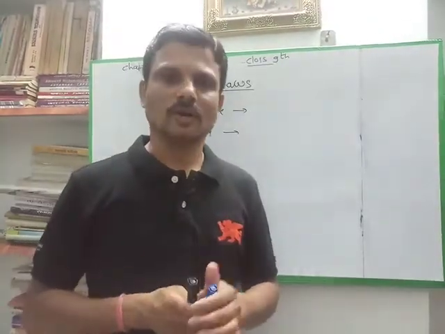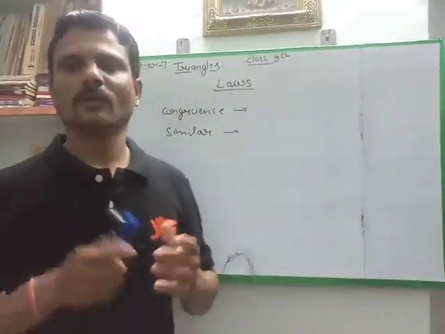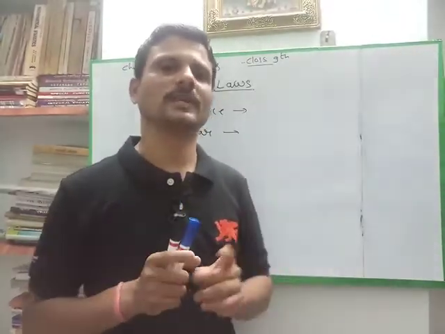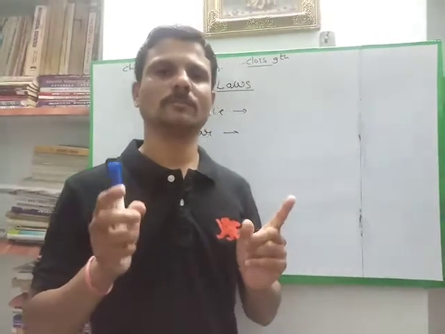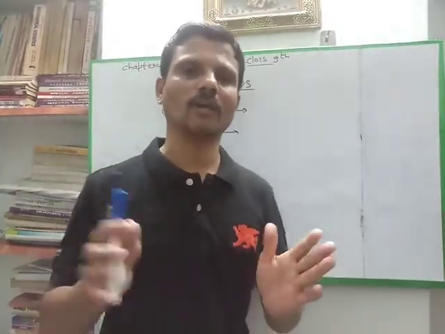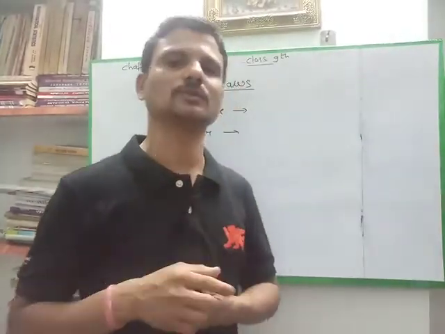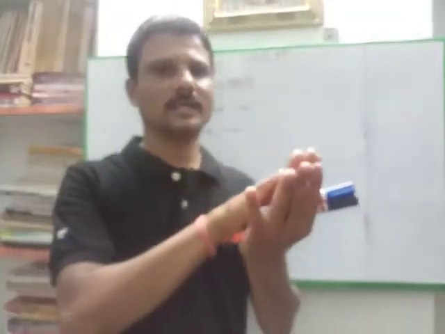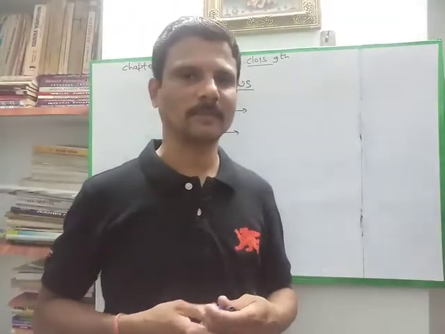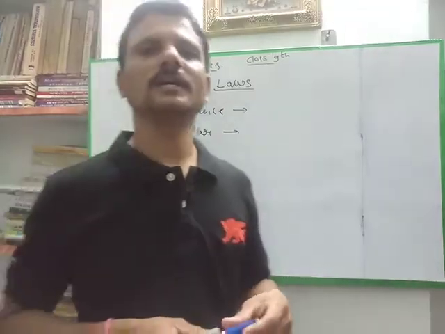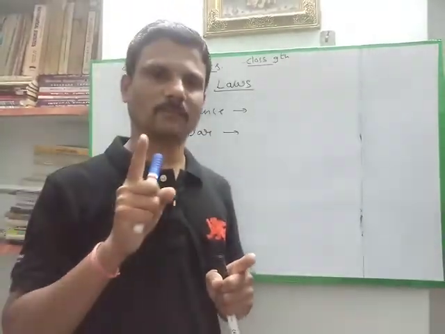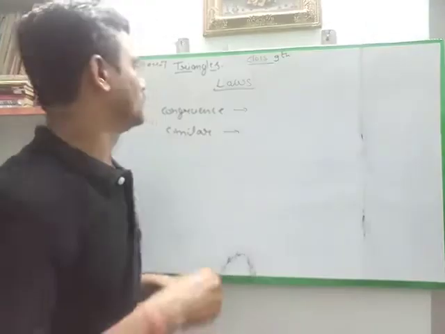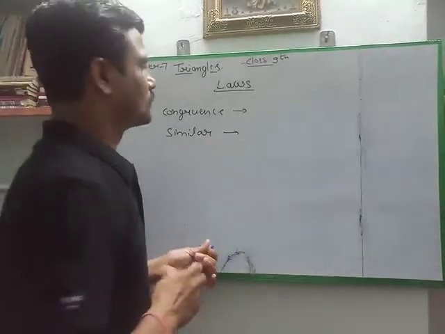Suppose your two maths books are the same, and they overlap each other. So these figures are called congruent, meaning the figures are perfectly the same.